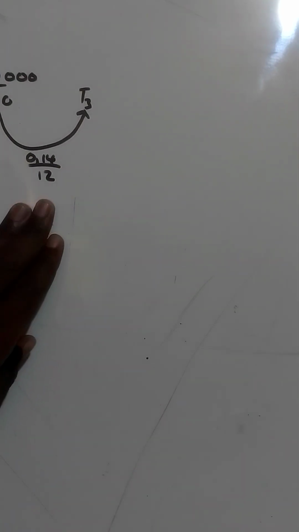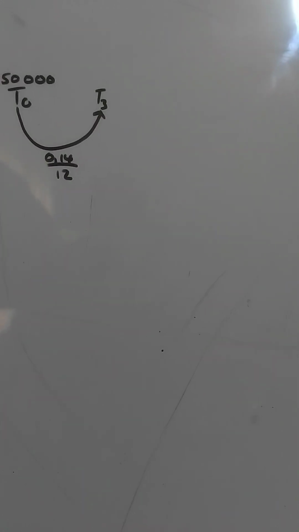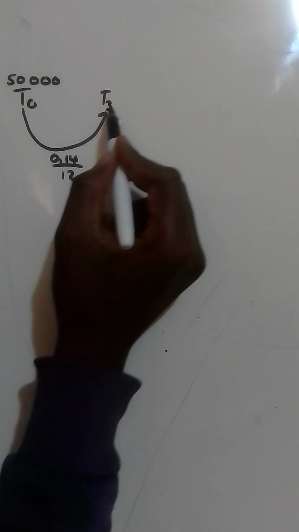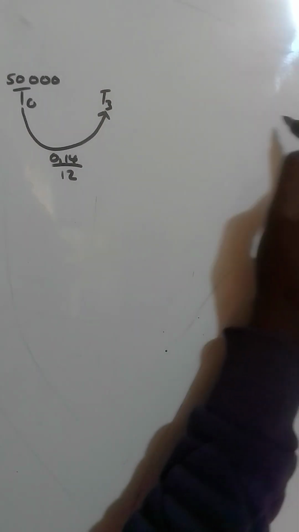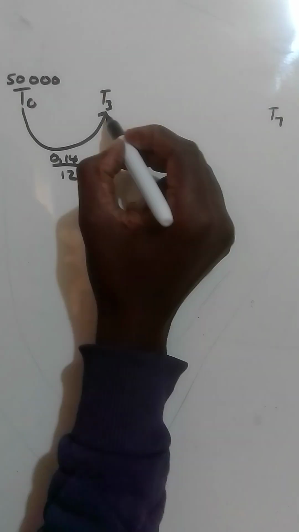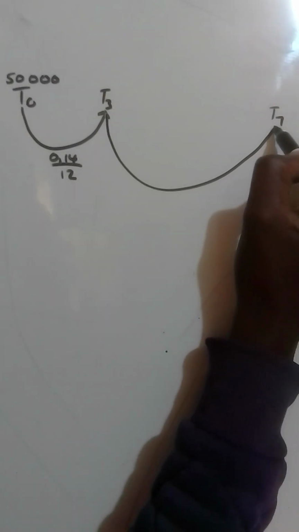So this is the first part of our timeline. Let's continue with the scenario that was given. Then the rate of interest changed to 13% per annum, compounded half yearly for the remaining 4 years, meaning to say that from T3 to T7, the interest rate changed.